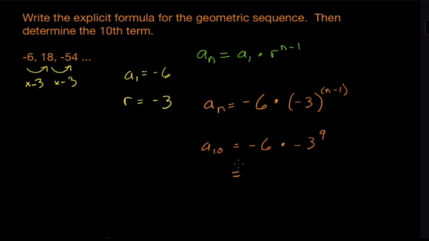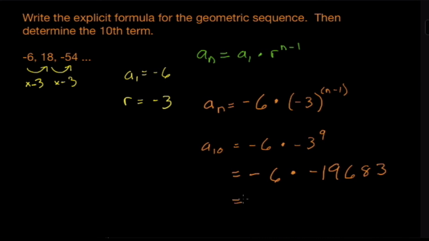And we know that a negative number raised to an odd power is going to be a negative number. So we'd expect a negative number. Sorry, -3 to the 9th. That's a little better. Okay, -6 times -19,683.